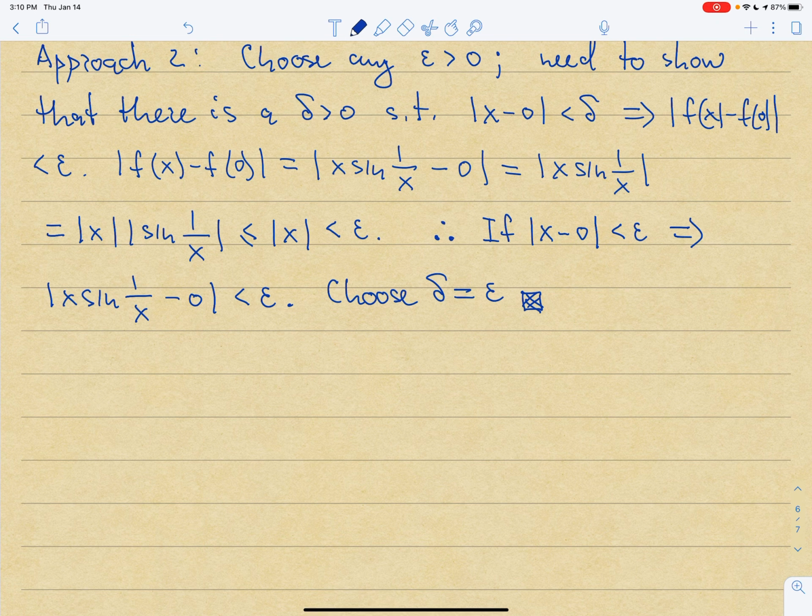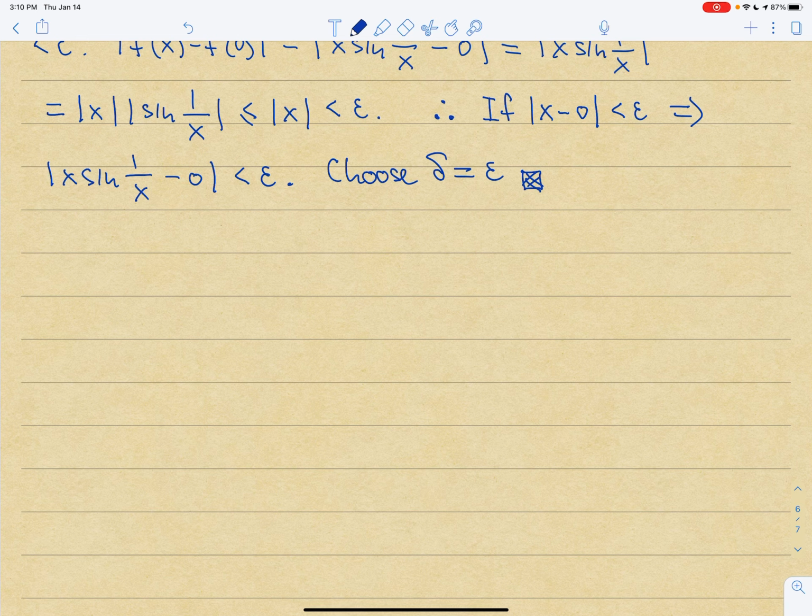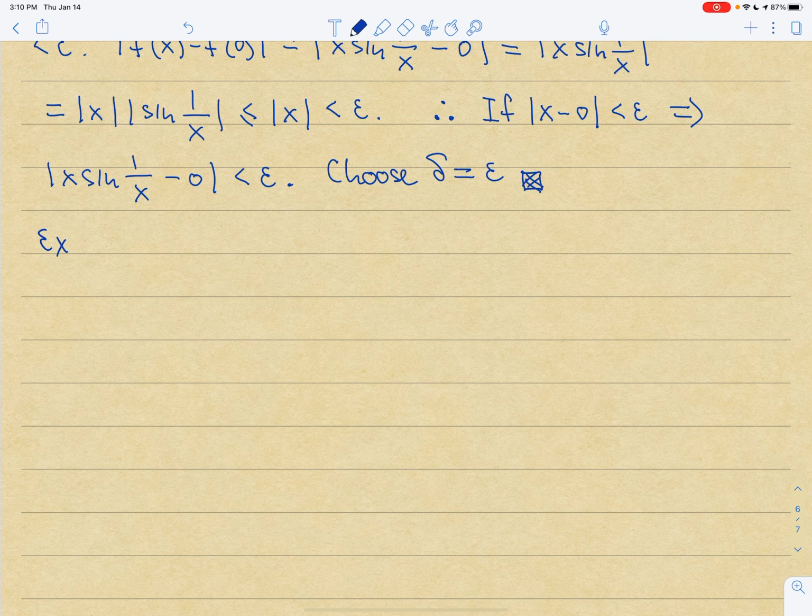Let's try another example. Example number 2. So that would be actually example number 3.